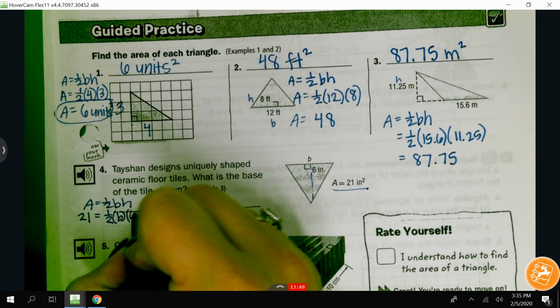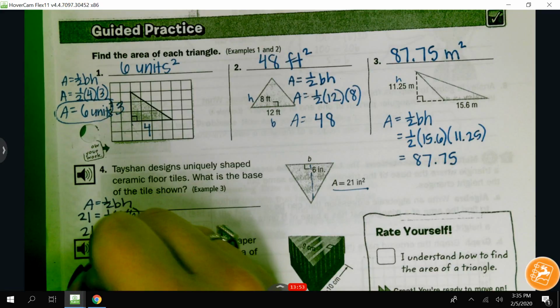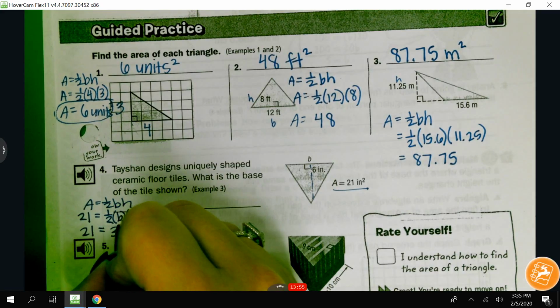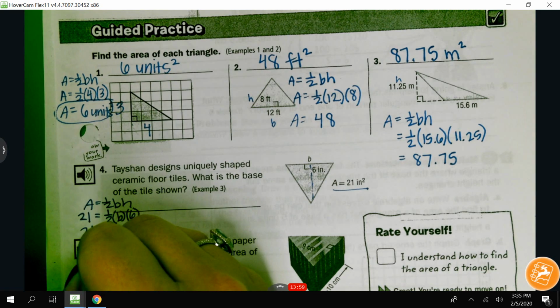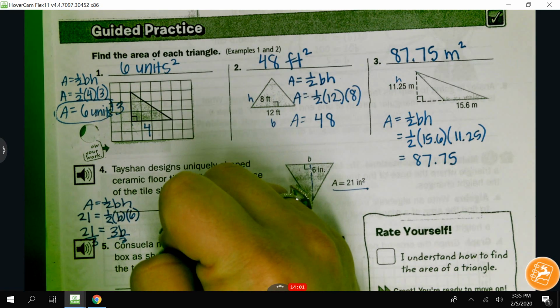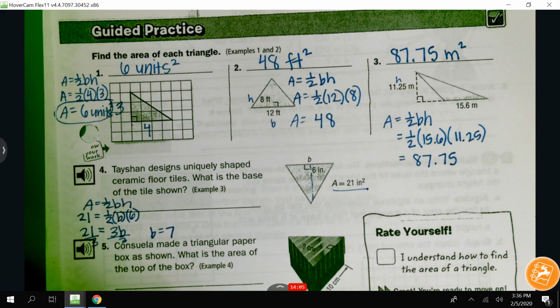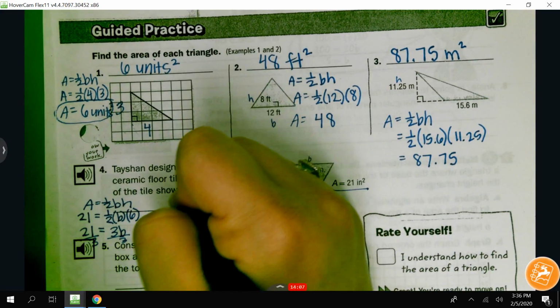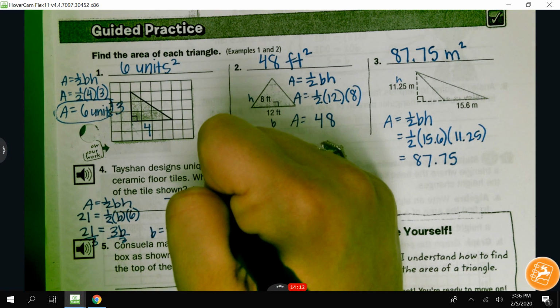Your height is 6. So now you have 21 equals 3B, and then solving for B, that means you're dividing both sides by 3, so B equals 7. So your answer, your base, is 7 units, which is inches, so 7 inches.